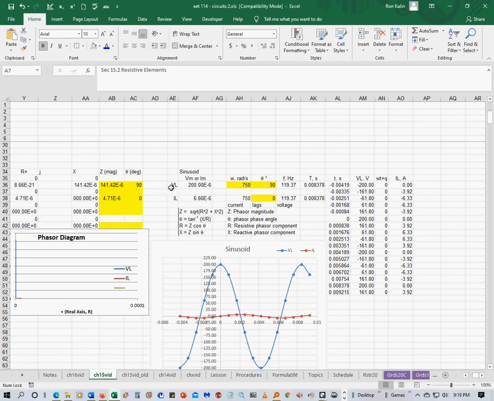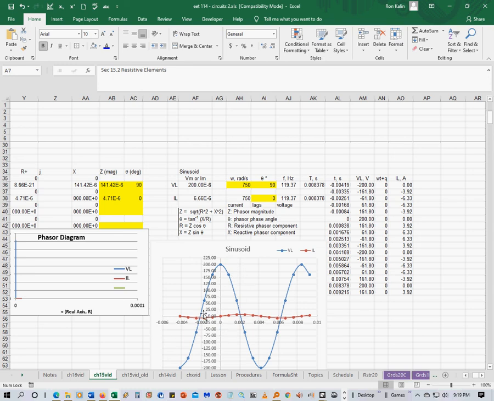And V sub L is the blue, and it has a plus of 90, so it's pushed to the left over here where it crosses the 0 crossing right here. And then I sub L has a much smaller magnitude, and it's at 0, so it crosses at the origin right here. And you can see that the current lags the voltage.